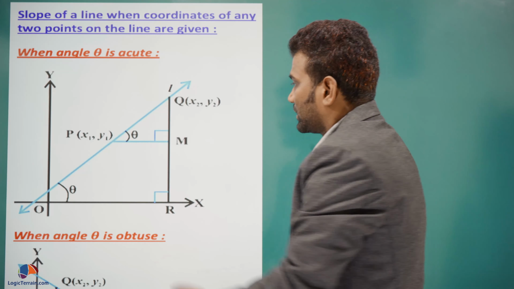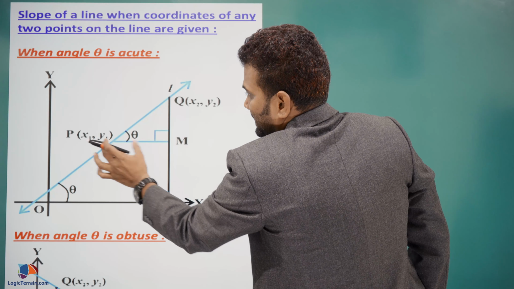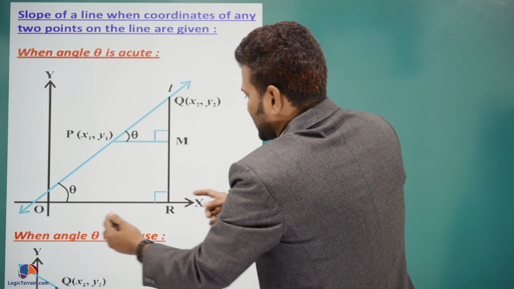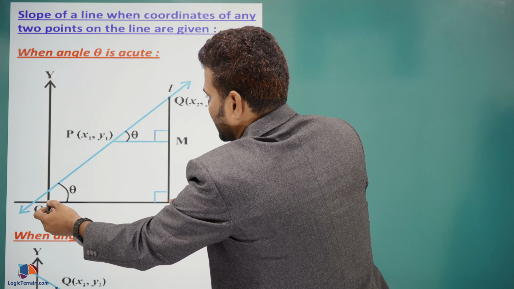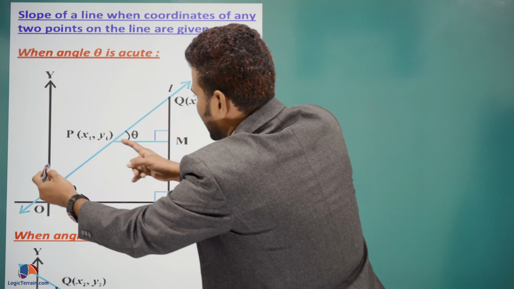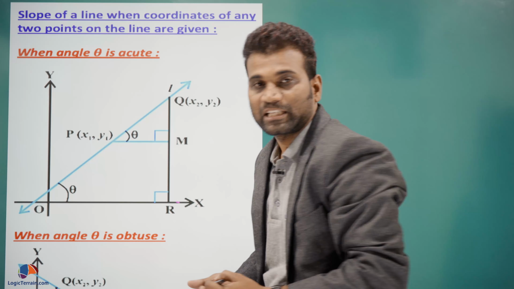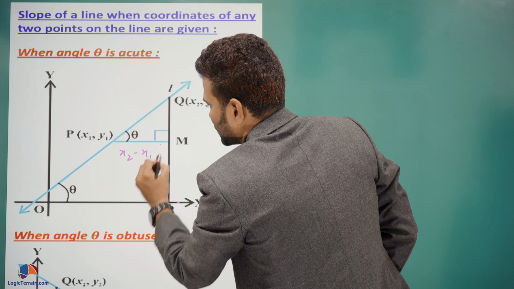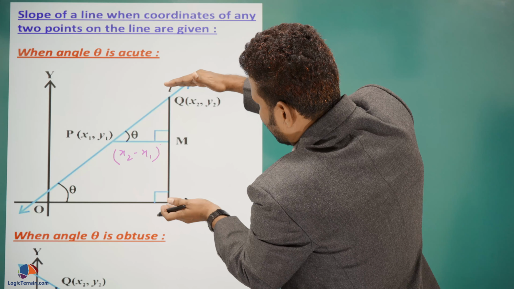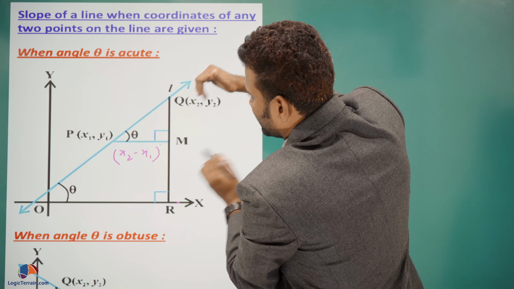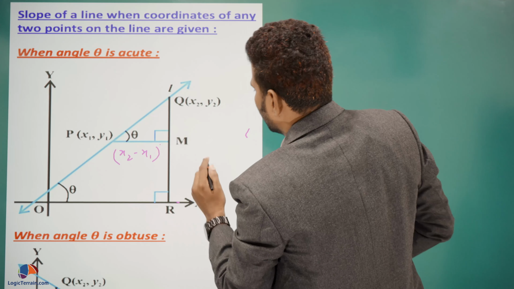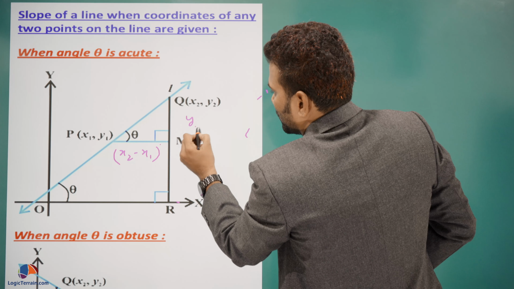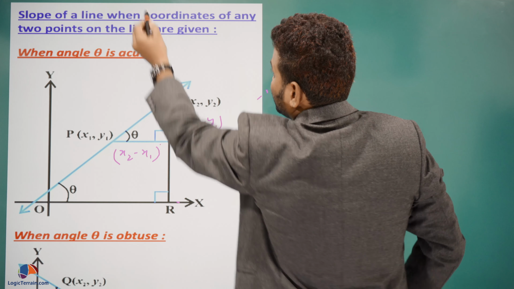Clear? Now what is the length PM? From here to here it is x2 and from here to here it is x1, so this length is x2 minus x1. Similarly, the vertical length is y2 minus y1.